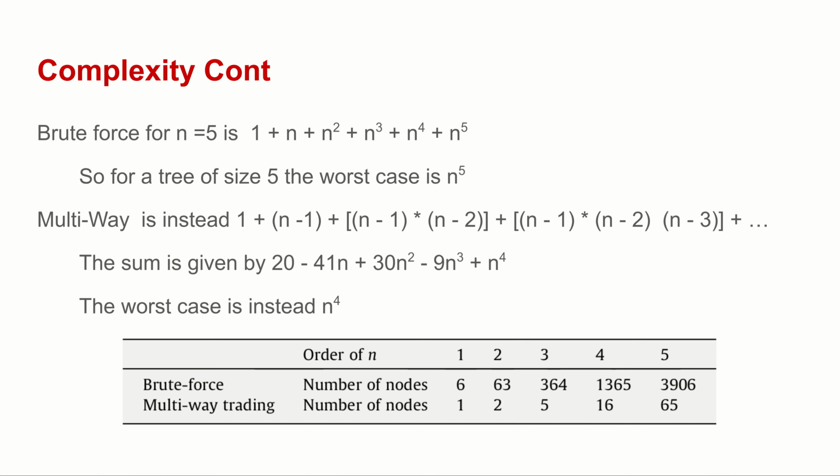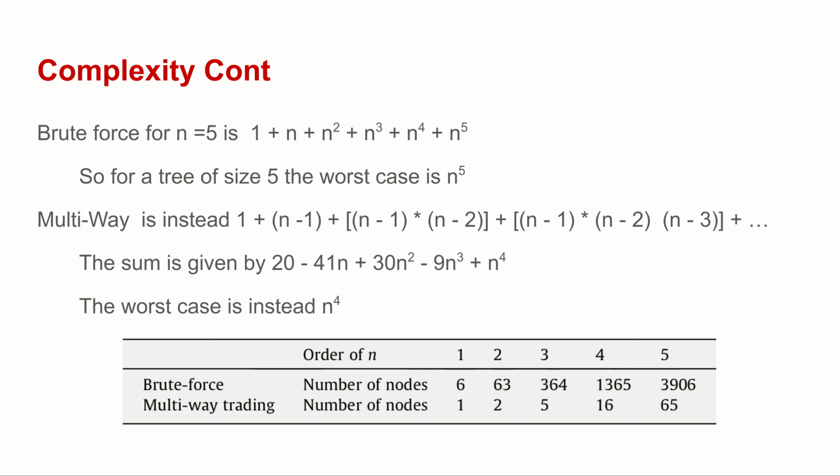The brute force algorithm, for n equals 5, you have 1 at the first level, and then n at the second level, n squared at the third, and n cubed at the fourth, and so on. So for a tree of size 5, the worst case is going to be n to the fifth. Whereas for the multi-way algorithm with the heuristics, we instead have 1 plus n minus 1, plus n minus 1 times n minus 2, and so on, because you're subtracting 1 each time.